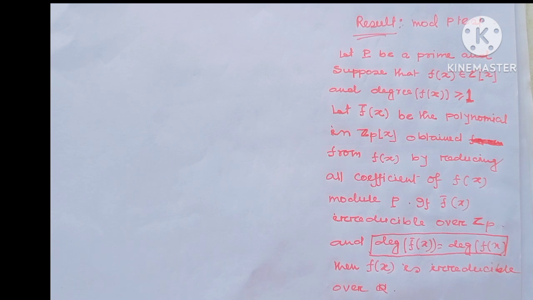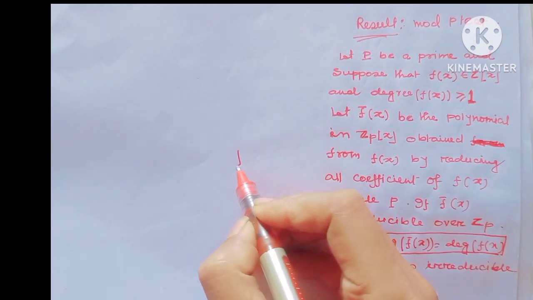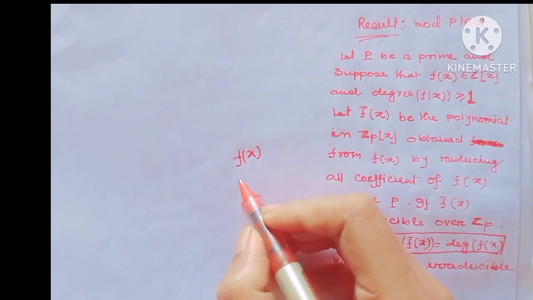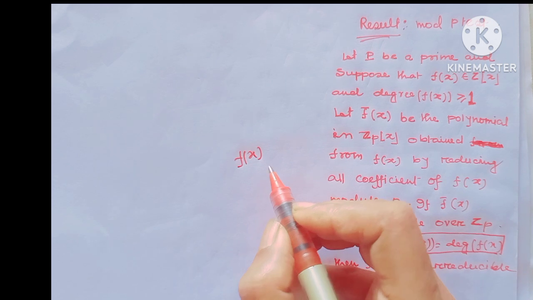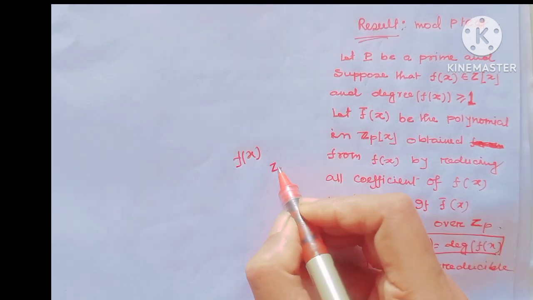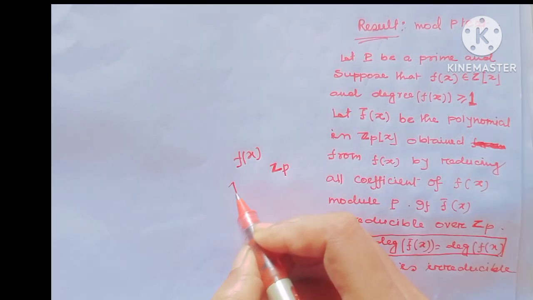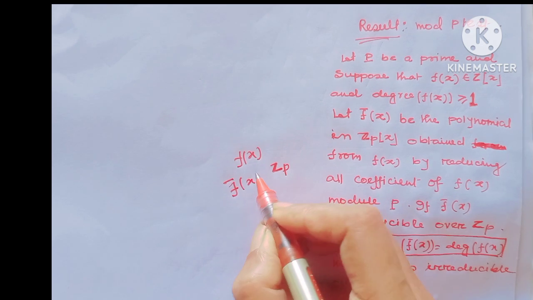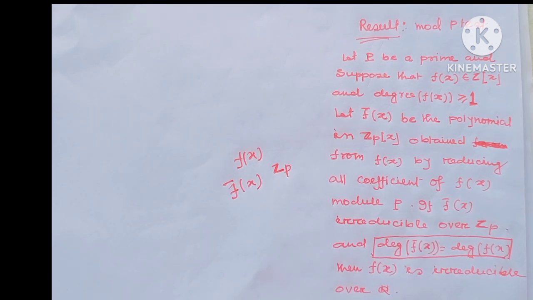That means if a polynomial f(x) is reduced mod p, then the new polynomial is f bar(x), whose all coefficients are reduced by modulo p.